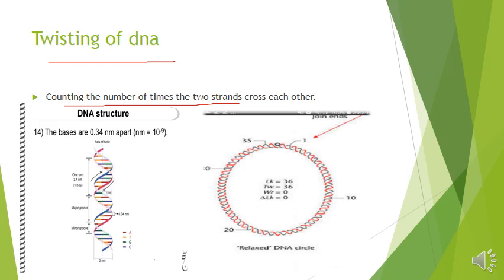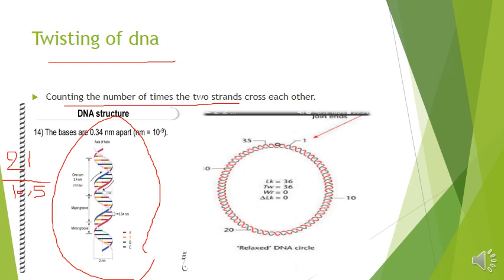For example, in this DNA, you can calculate the number of twists: if we count all the base pairs present in this DNA, for example, 21 base pairs, and then divide them by 10.5, it will be equal to 2. It means that the number of twists is 2. But the question is, is this DNA twisted in this direction, or in this direction?